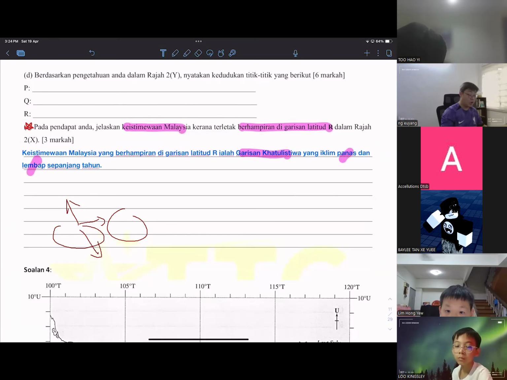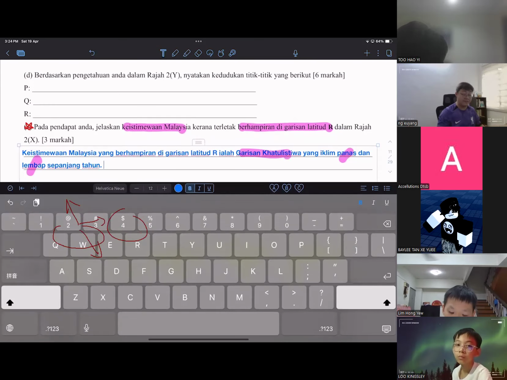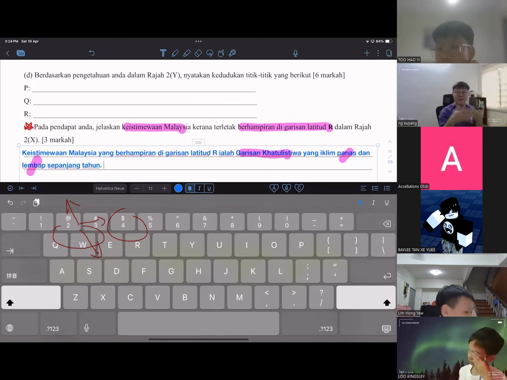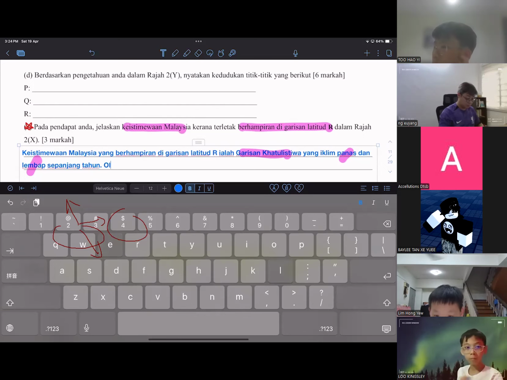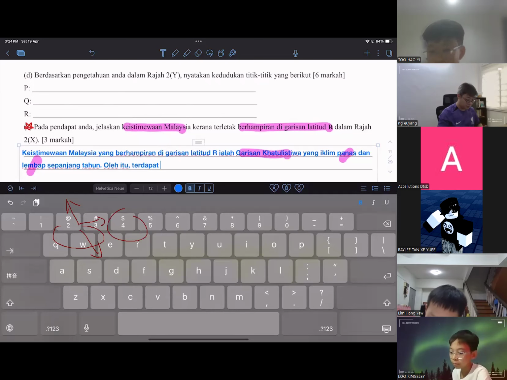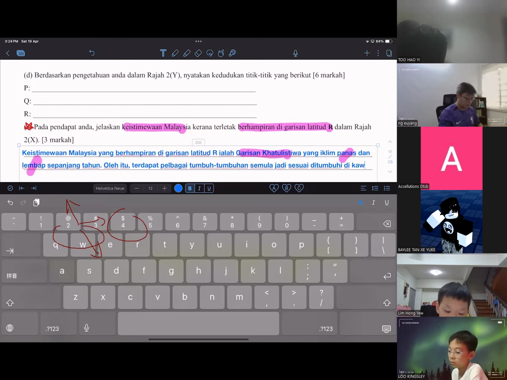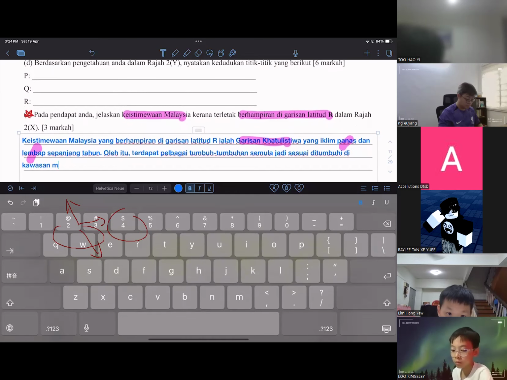So, according to your science knowledge, what is the living thing? Biosphere. Biosphere is going to need a lot of sunlight, which is panas, and a lot of rainwater, which is lembab. What is the living things, guys? Plants. So terdapat berbagai tumbuhan semula jadi sesuai ditumbuhi di kawasan Malaysia.